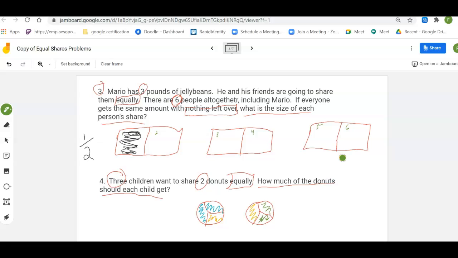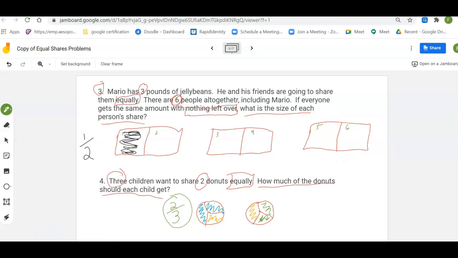They would get 2 parts. So each person would get 2 pieces of the donut. So what's the fraction that represents that? The first person, here in blue, would get 2/3 of a donut. And each person would get the same thing. So each person would get 2/3 of a donut, because 2 parts out of this entire 3 is what one person would get.